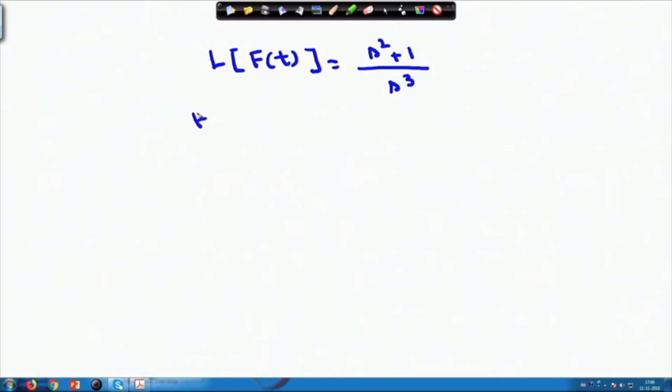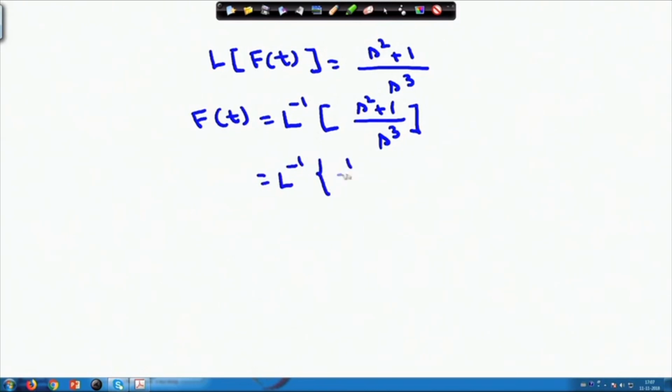So, now f(t) will be Laplace inverse of (s square plus 1) by s cube. Once I get this, I can write it as Laplace inverse of 1 by s plus 1 by s cube.